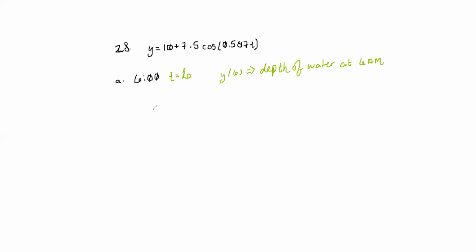Let's do it like this. Y prime is equal to, so the derivative of 10 is going to be 0, plus, I've got a constant, so 7.5. And now I need to take the derivative of the cosine of 0.507 t. So what is that going to look like?